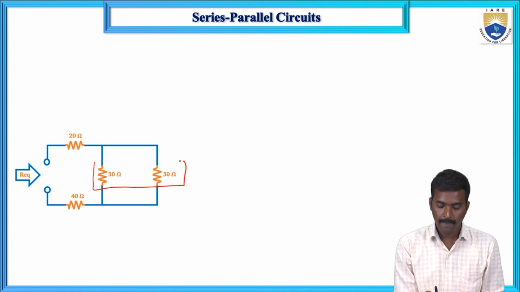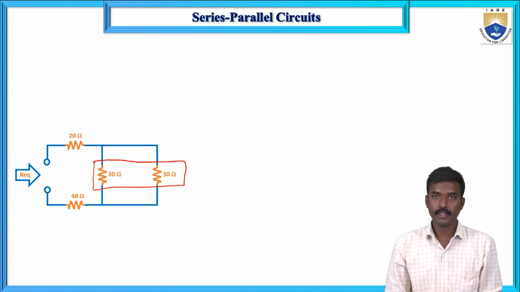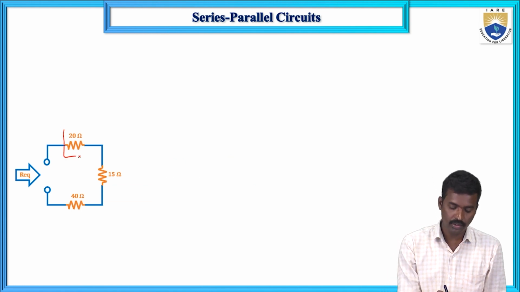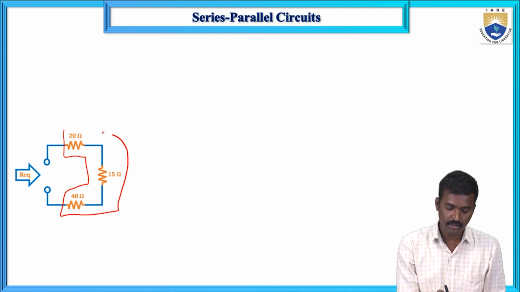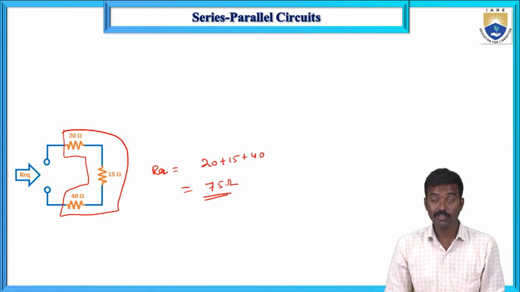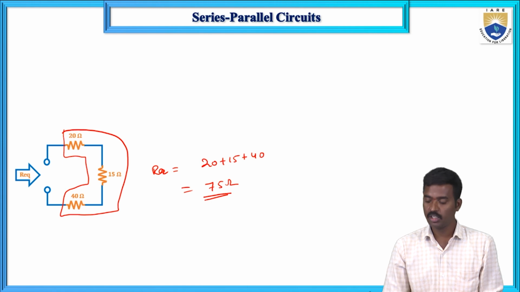Again, 30 and 30 in parallel: R equivalent equals 30 multiplied by 30 divided by 30 plus 30, so 900 by 60. That value is 15. Now these three are connected in series, so R equivalent equals 20 plus 15 plus 40, which equals 75 ohms. So the equivalent resistance between the source terminals is 75 ohms.